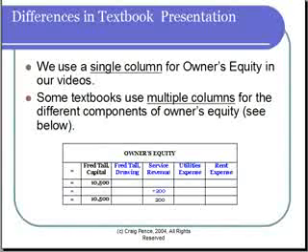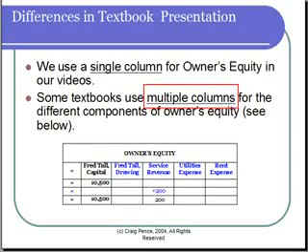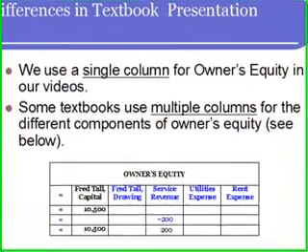Well, we've now completed our first couple of entries, and I hope you're finding this to be a pretty simple process. However, it's time now to stop and warn you about some complications that you're likely to run into depending on the textbook that you happen to be using. Many textbooks use multiple columns for the owner's equity. Instead of one single account, Fred Taw Capital, textbooks often include multiple accounts for the different components of the owner equity.